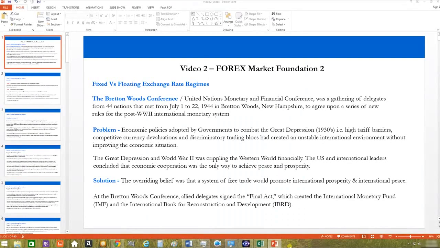Okay, so welcome back to the computer screen. What we're going to look at now is specifically fixed and floating exchange rate regimes. The reason why we're doing this is really twofold. Firstly, you'll recall that in video number one, we specifically looked at the opportunity set, as in the set of opportunities that this asset class, the Forex markets, presents to us as traders.